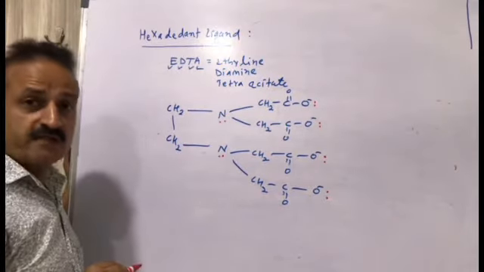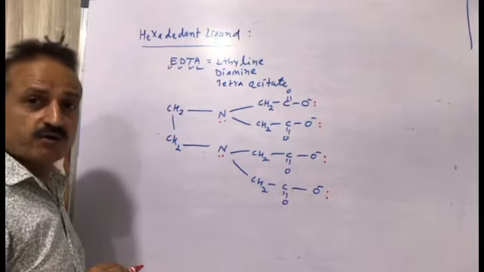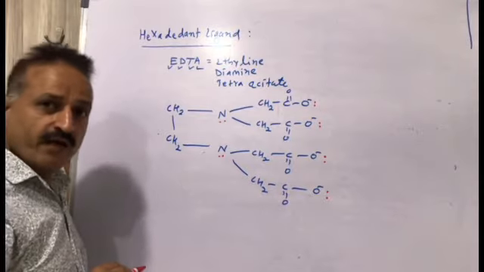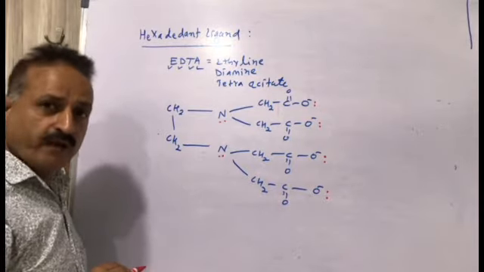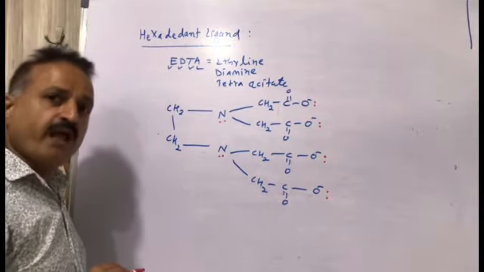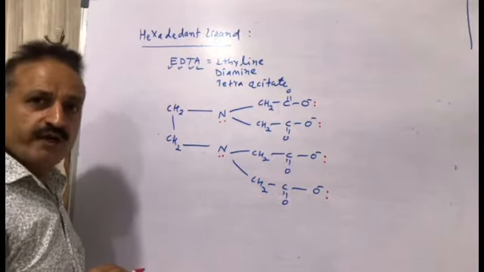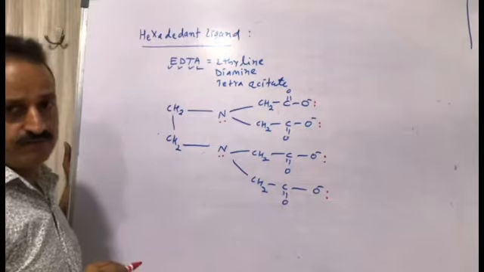So it is a hexadentate ligand because the neutral molecule ethylene diamine tetraacetate can donate 6 electron pairs to the metal ion and form 6 coordinate covalent bonds.